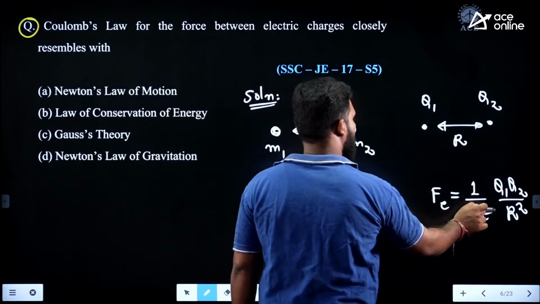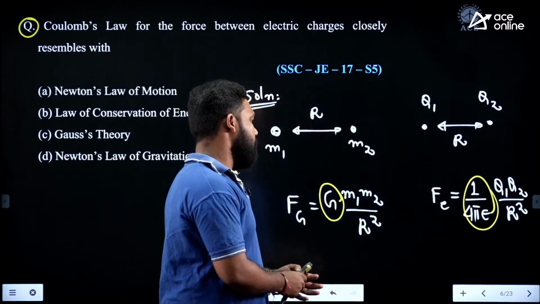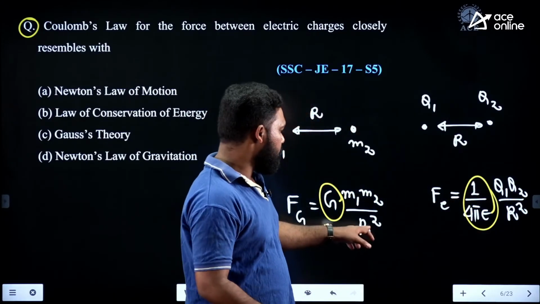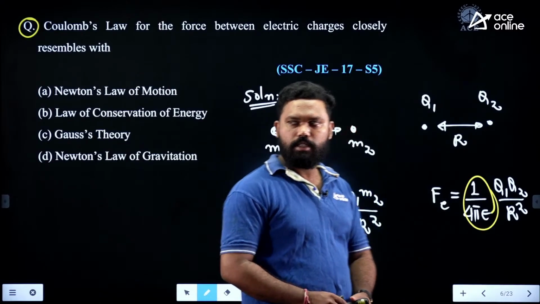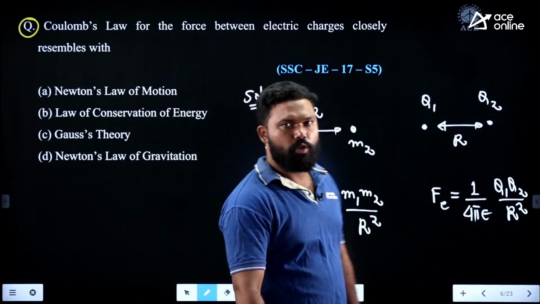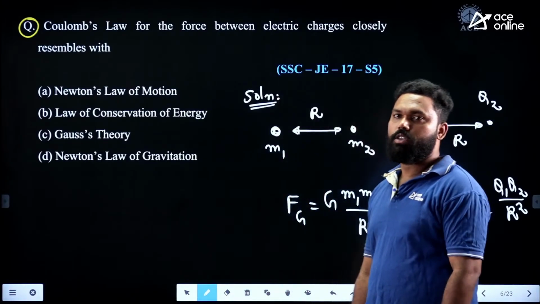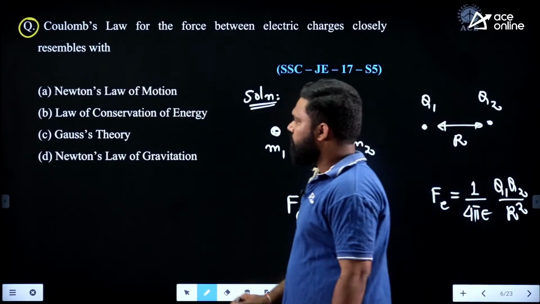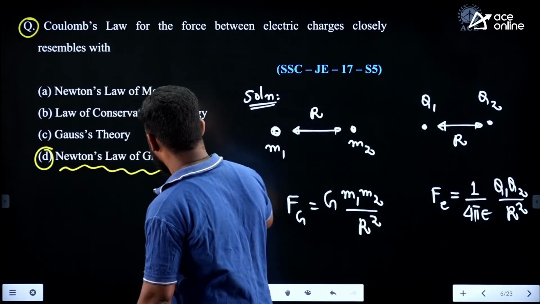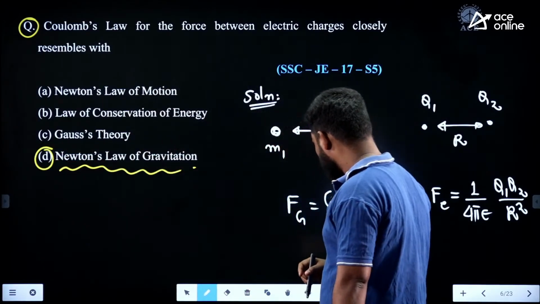Here this is a proportionality constant, and it is a product of two masses, here a product of two charges, divided by r square. So Coulomb's law is similar to what you have learnt in your physics as Newton's law of gravitation. That is the thing. Clear?